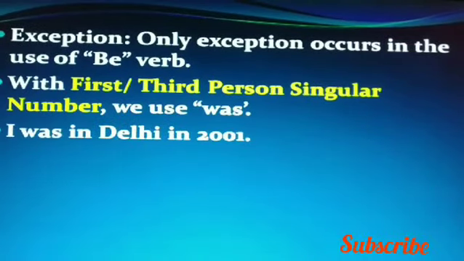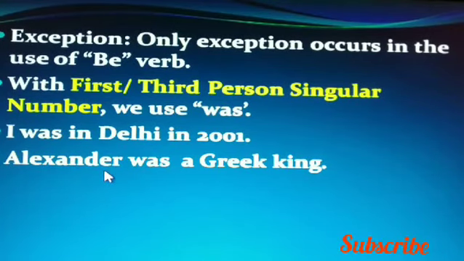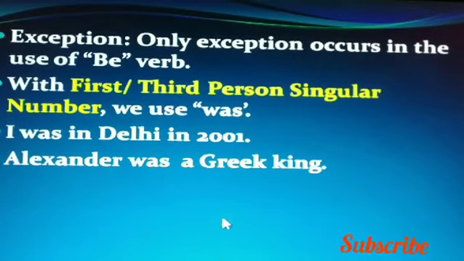I was in Delhi in 2001, or Alexander was a Greek king. In both the cases, we find that first one is first person singular number, I, and we use was there, and second one is Alexander, third person singular number, and here also we use was as the verb.